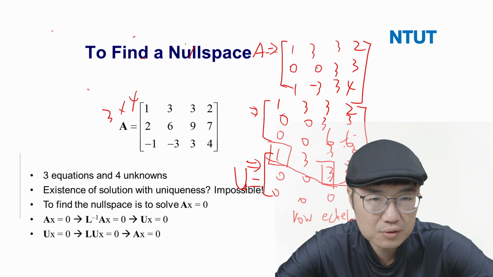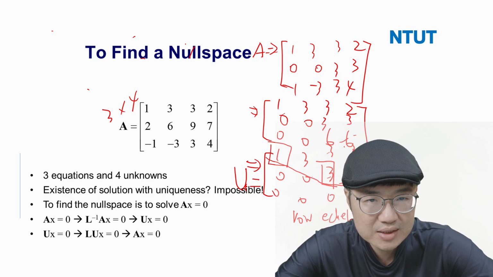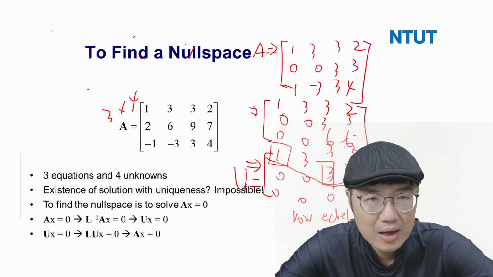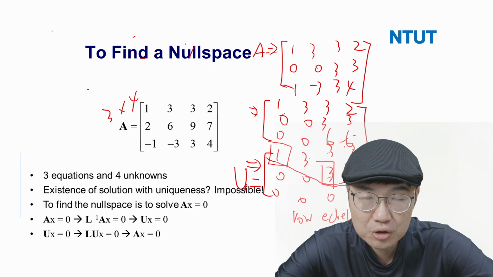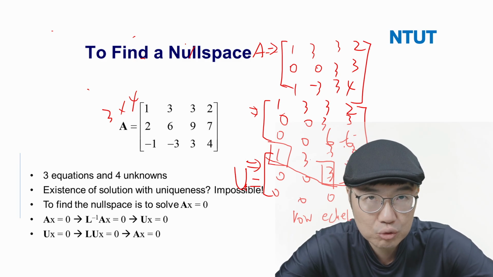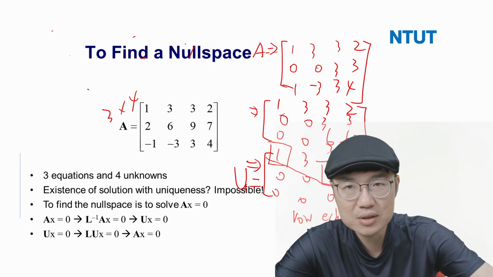So a row echelon form uses the same notation U. It's just we cannot call it an upper triangular matrix. However, the way that we get this row echelon form still gives an actual lower triangular matrix, a square and lower triangular matrix.